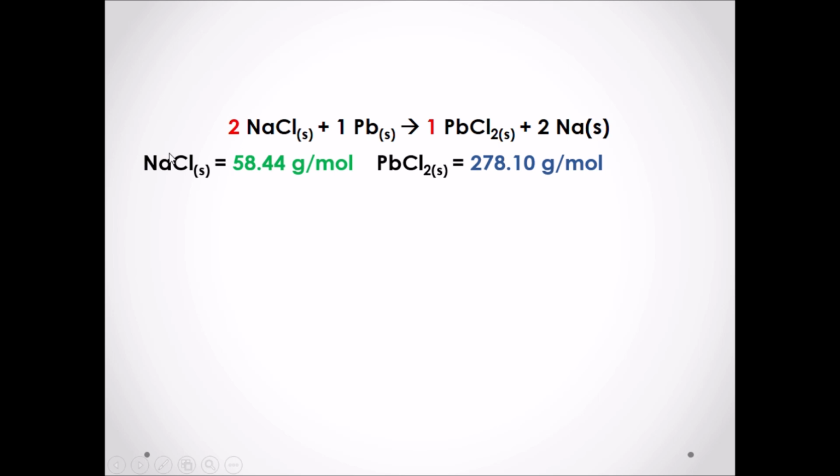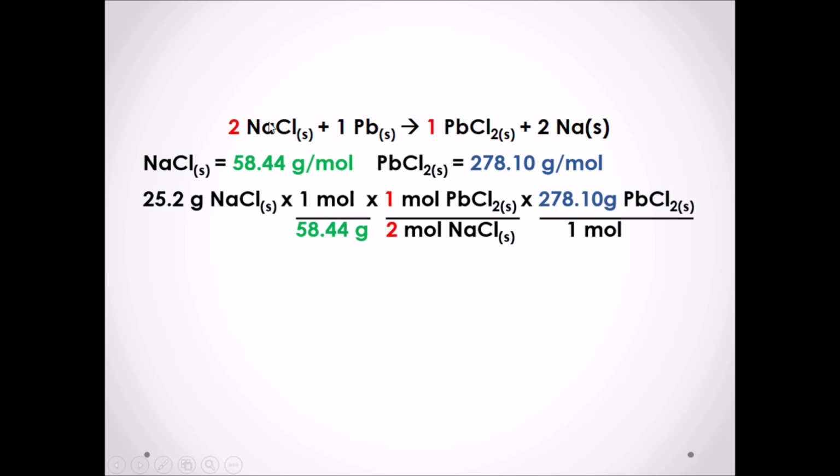We are going to need the molar mass of sodium chloride, which is 58.44 grams per mole, and also the molar mass of PbCl2, which is 278.10 grams per mole. We can then perform a gravimetric stoichiometry calculation to find the theoretical mass of PbCl2.